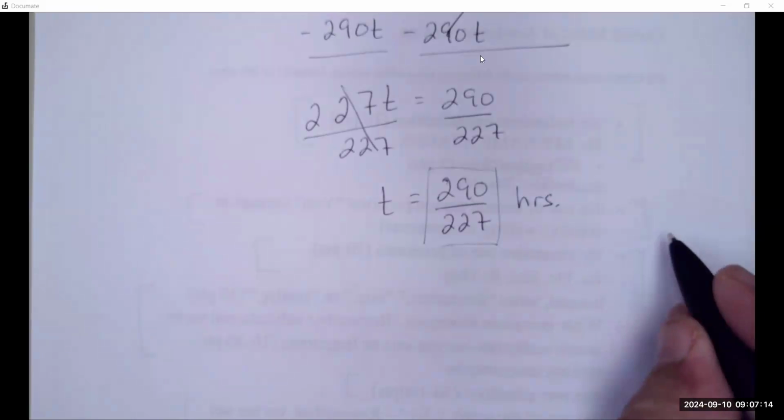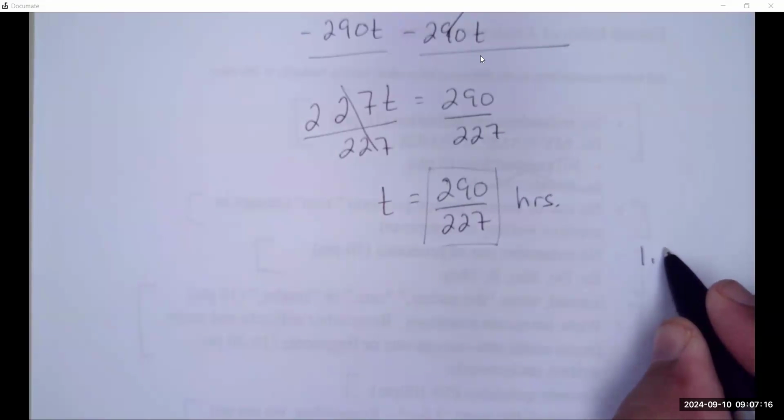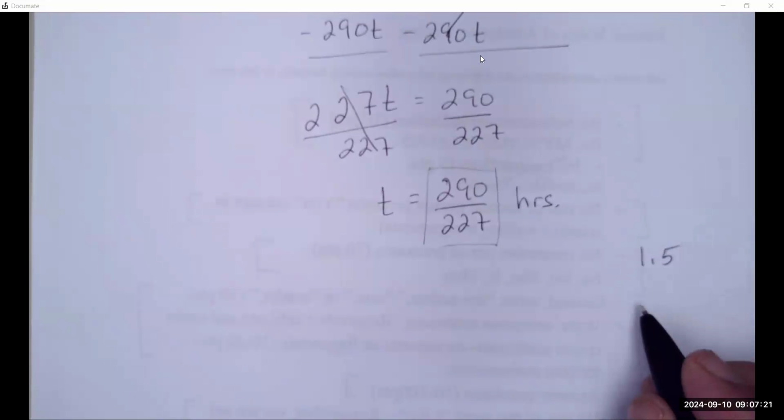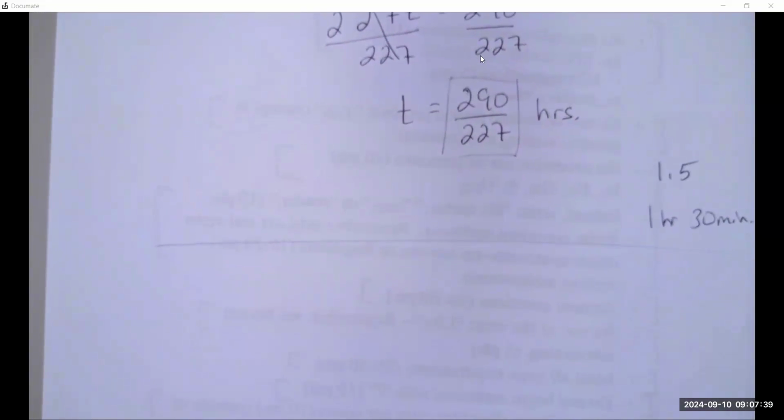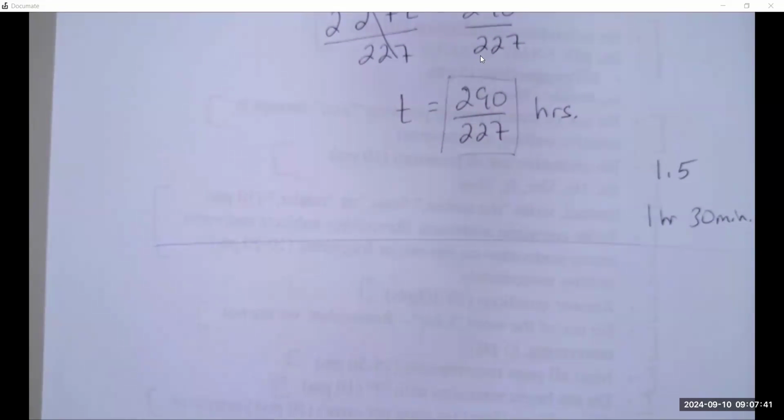So if you had, let's say, 1.5, that would be 1 hour, 30 minutes. So whatever the decimal is, you have to correspond that to the 60 minutes of the hour. So that's motion problems. The hardest part about the motion problems is figuring out which one you add the extra time to. It's whatever one left first.